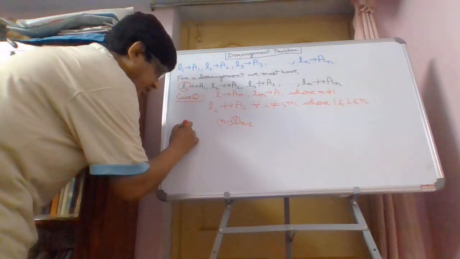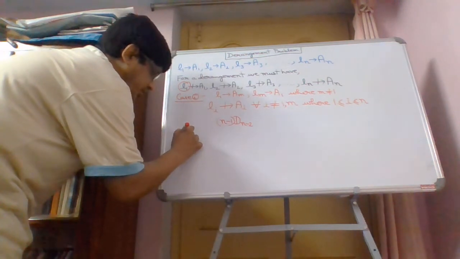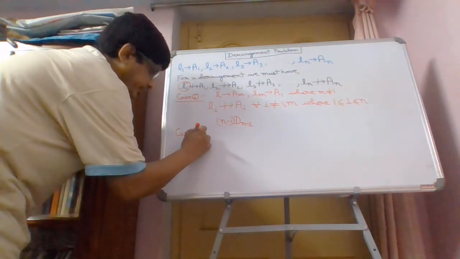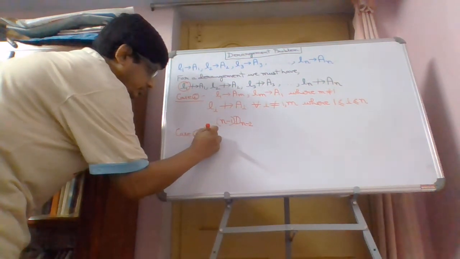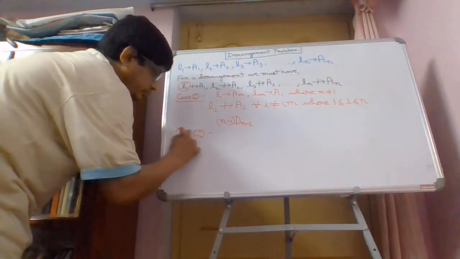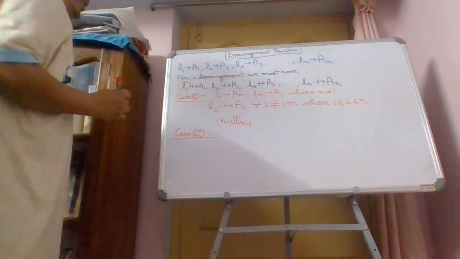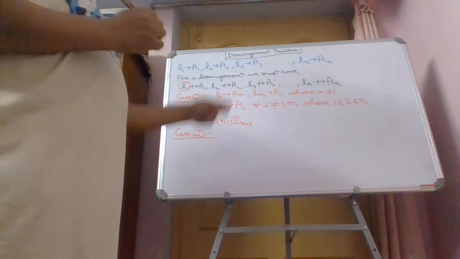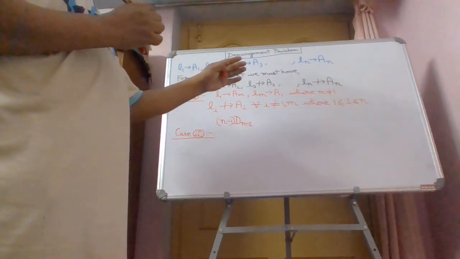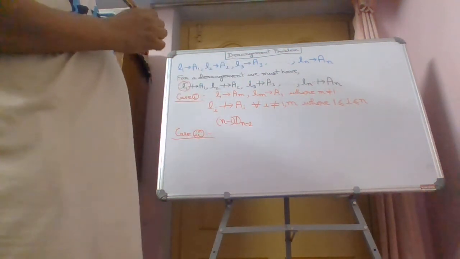Now let us focus our attention on case 2. In this case, L1 reaches some other address, but L1 does not interchange its destination with any one of the remaining n-1 letters.